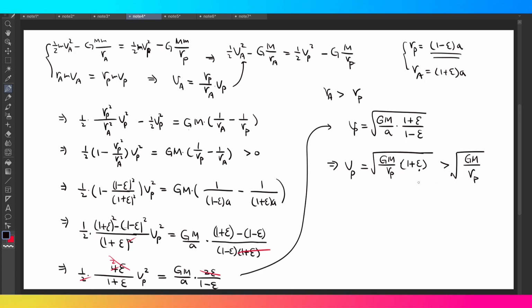Now similarly VA can be figured out, and it turns out to be square root of GM over RA, 1 minus epsilon, okay, and since epsilon here is positive, this VA is always less than square root of GM over RA, okay.